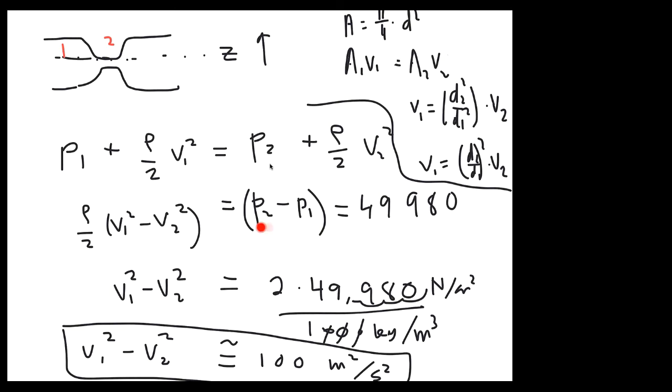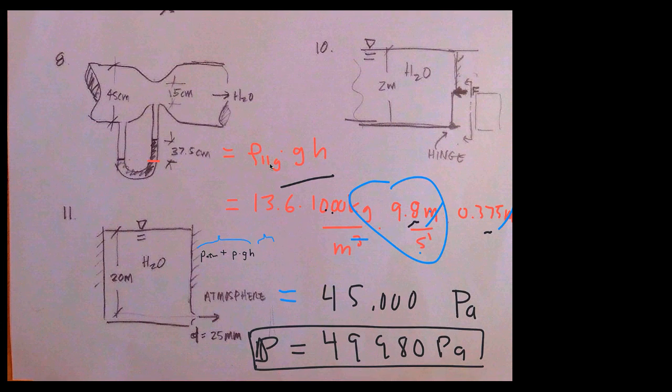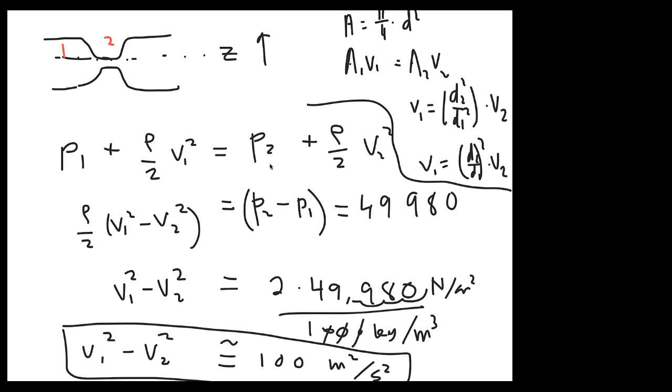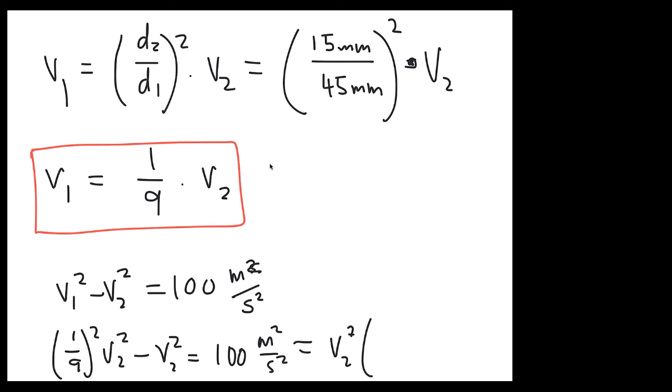I put this positive number here because I computed it from this set of numbers over here, but in reality I know that this pressure is lower. So I'm going to go back to my equations and turn this number into a negative number to make myself happy. I don't like randomly doing that, but this is now going to be negative.